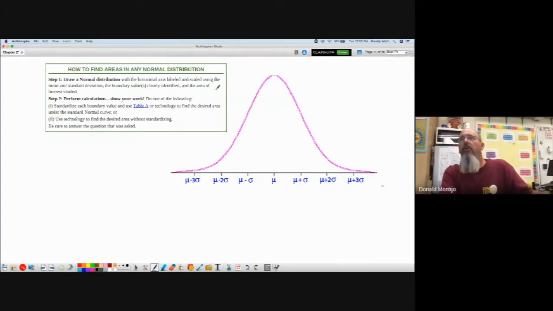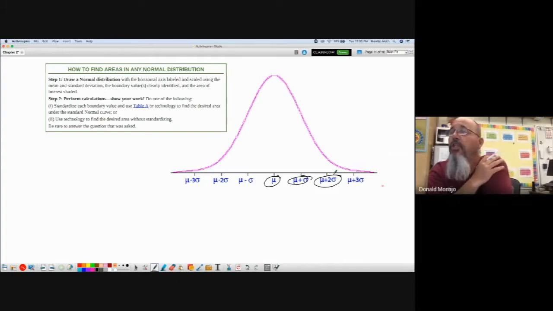Okay. So how to find the areas of this normal curve. Here's a definition from the text. You're going to be required to draw this curve over and over and over again. You won't necessarily have to write mu and then mu plus 1, 2, 3, mu minus 1, 2, 3, but that's what we're doing for every single curve in the world.